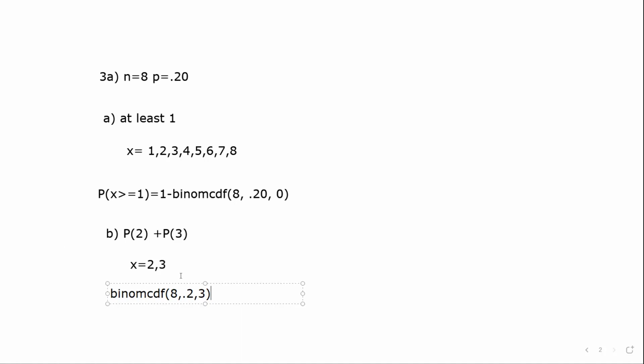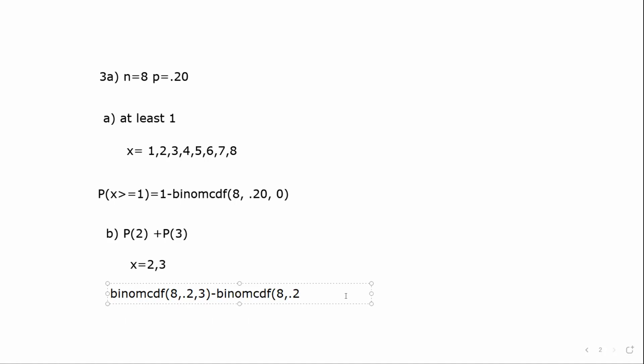I don't want that. So I'm going to subtract binomial CDF. I want to subtract 0 and 1, so I'm going to have 8 and 0.2. That doesn't change, but what changes is what I want to subtract off.